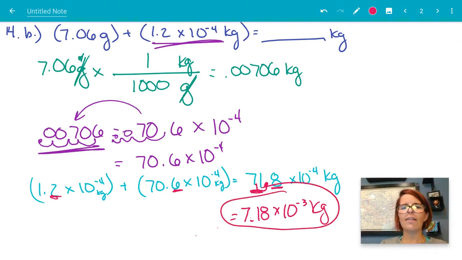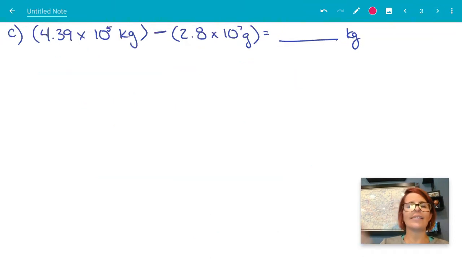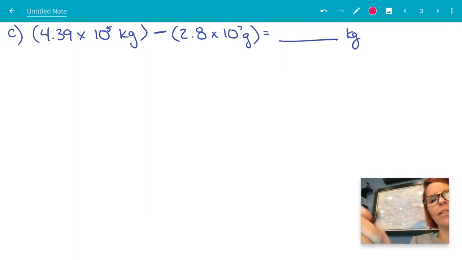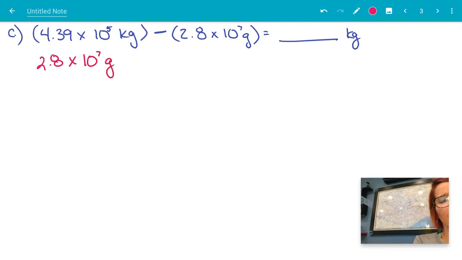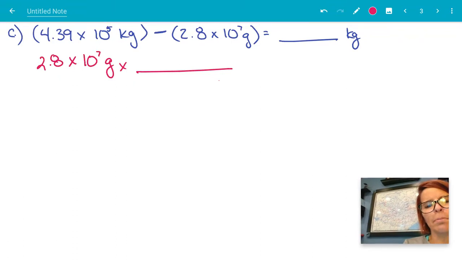All right, let's try 14C. Again, it's the same thing, but this time it's a subtraction problem. They're just practicing converting from grams to kilograms. So I'm going to take the grams and convert it into kilograms. Here it is, 2.8 times 10 to the 7th grams. I'm going to draw my line for my conversion factor, and put grams on the bottom and kilograms on top.